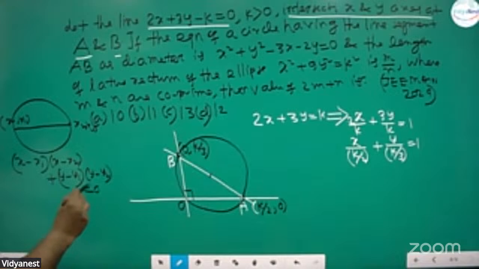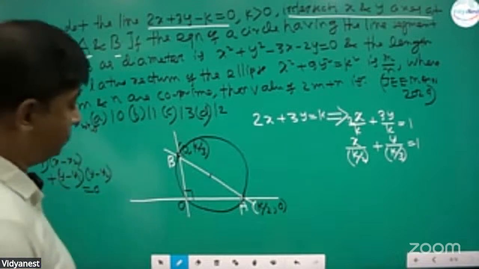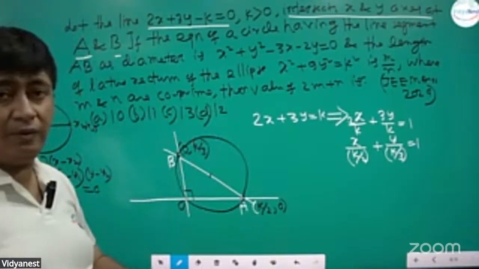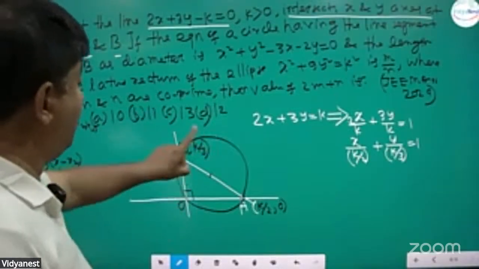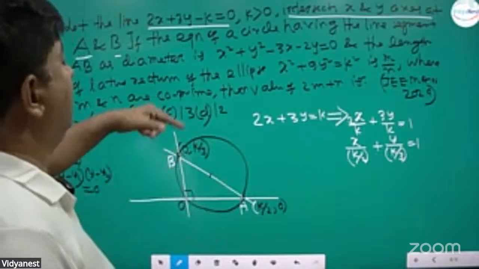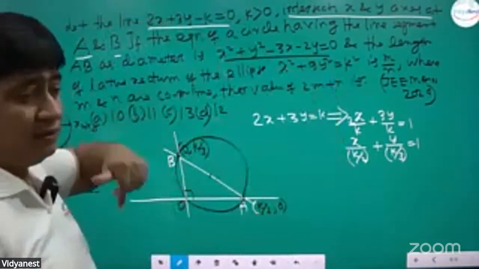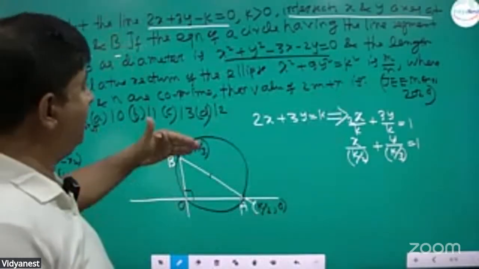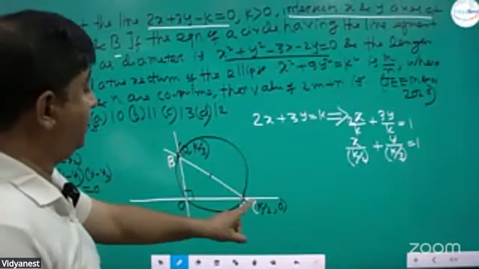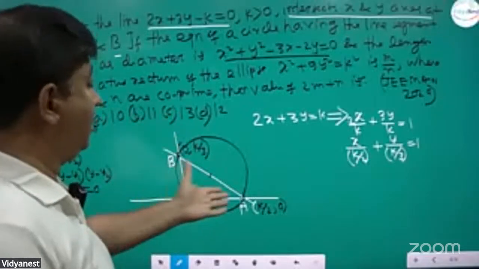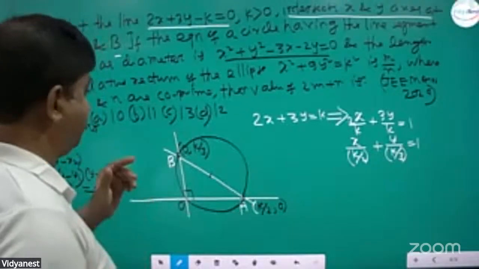You can ask me, sir, why are you doing this? Because the equation which I will get will be compared to the given equation, because this circle is already given. But that k is unknown. So by comparing, k will become known to us.